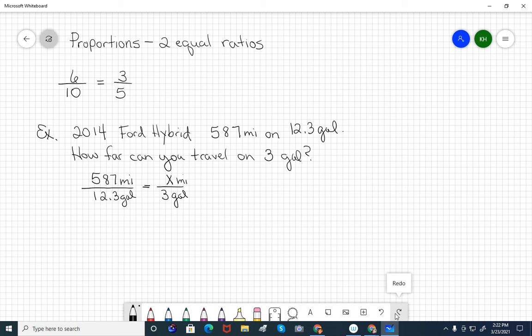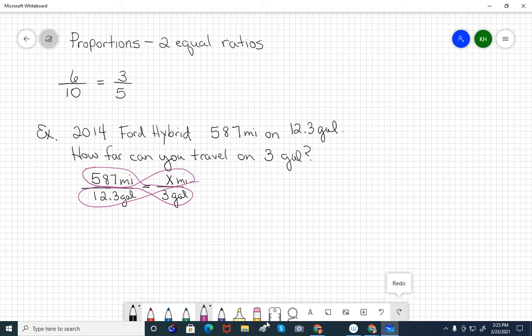To solve proportions, we usually use a method called cross multiplication. We multiply these two numbers together, and we multiply these two numbers together.